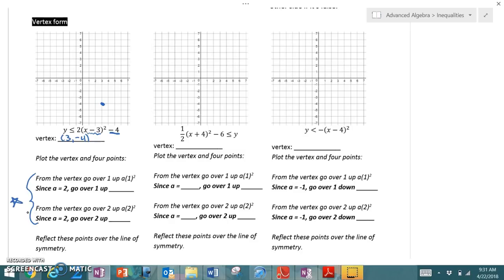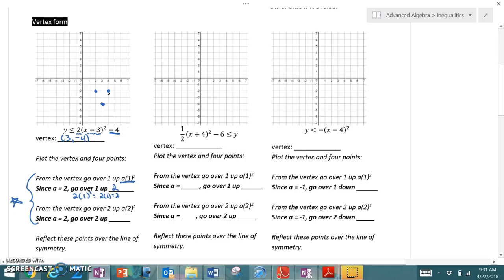So we said from the vertex, we're going to go over 1, up a times 1 squared. A is 2 in this example, because the a is the number attached to parentheses. So I go 2 times 1 squared, which is 2 times 1, which is 2. So what this means is from the vertex, I'm going to go over 1, up 2, in both directions.